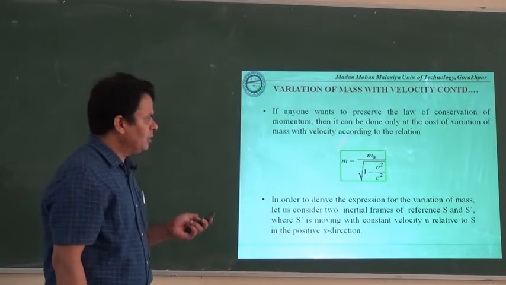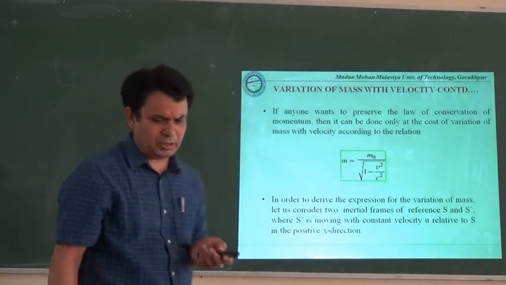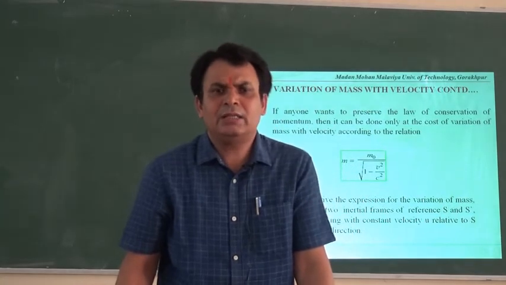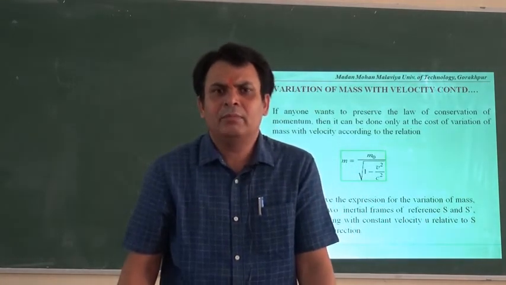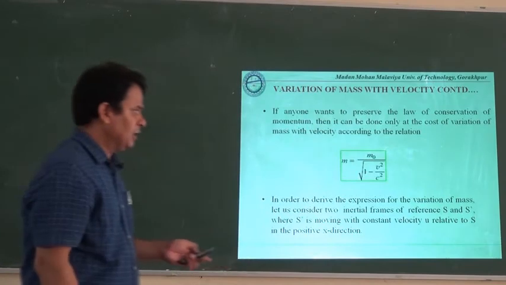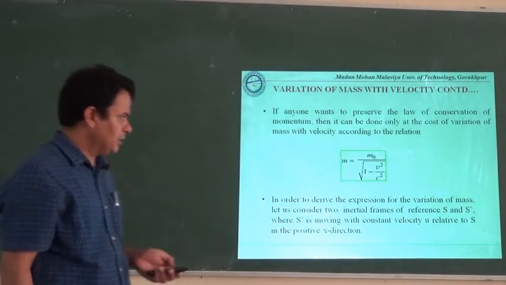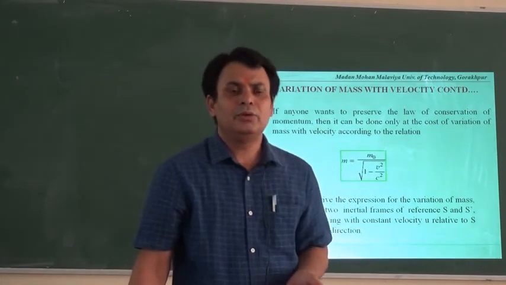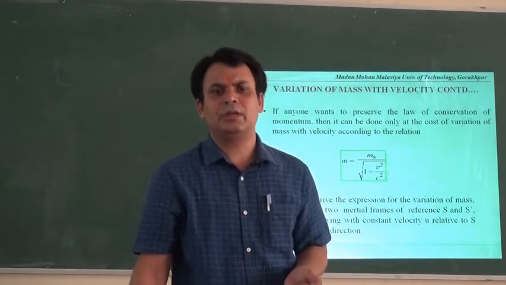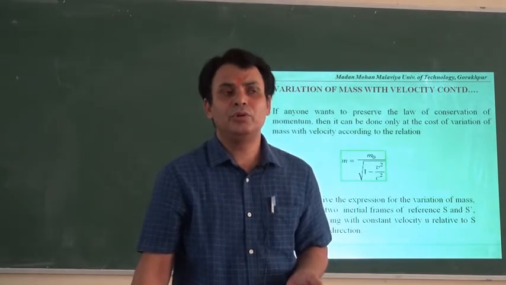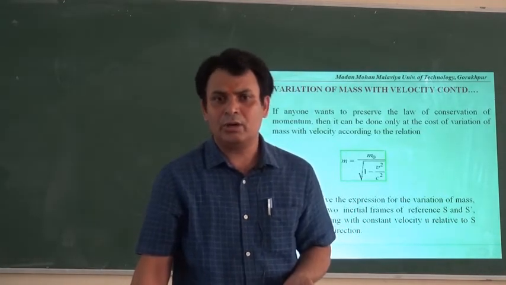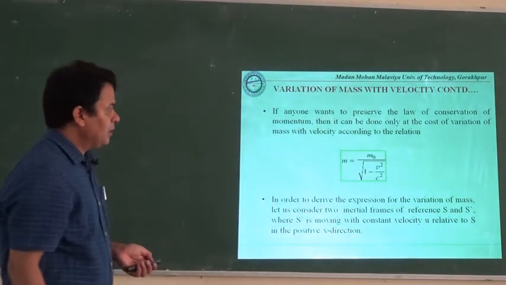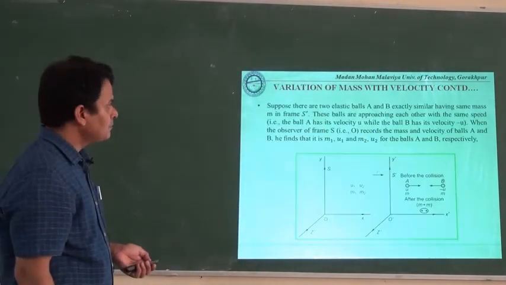We have solved so many problems related to this, but up to this level we have not realized how we came to this particular relation. That can be realized only using the postulates of the special theory of relativity, or the relativistic Lorentz transformation equations and the transformation of the velocity components.